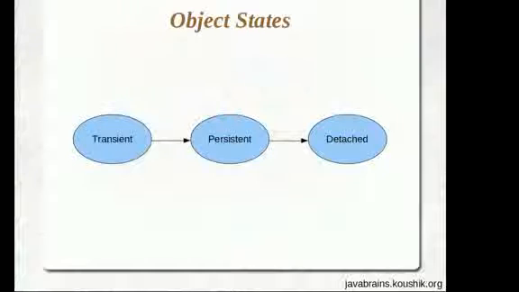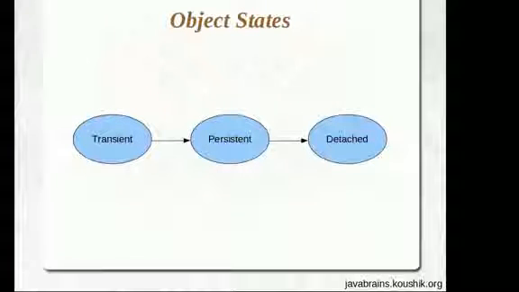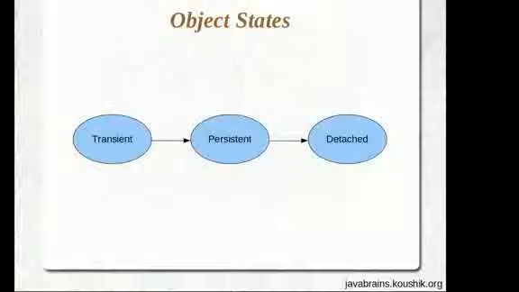A couple of tutorials back, we looked at CRUD operations using Hibernate. We had create, read, update, and delete operations being done using objects and using the Hibernate APIs. Now, what was happening behind the scenes was that our entity objects were actually going through all these different states.